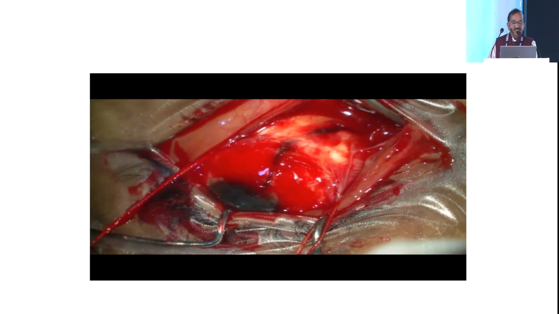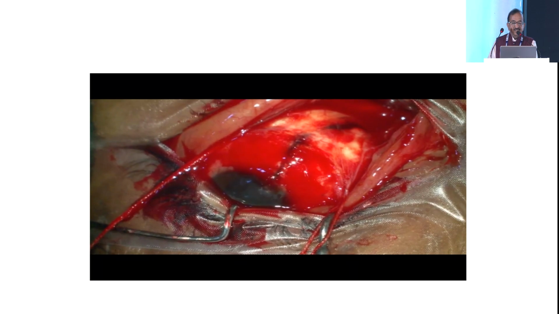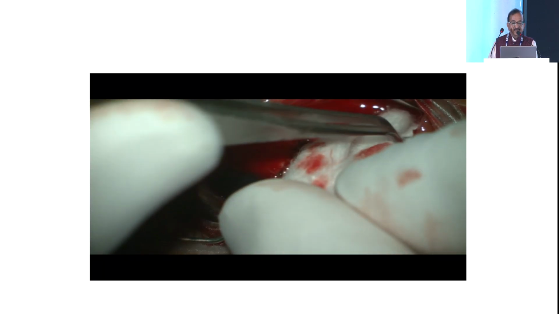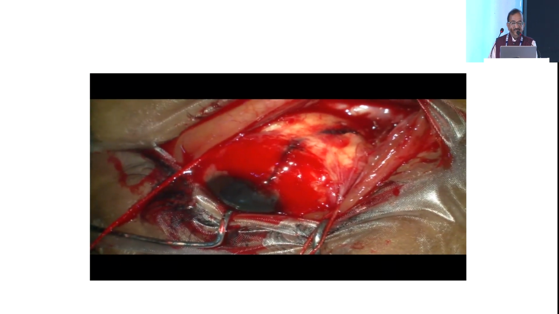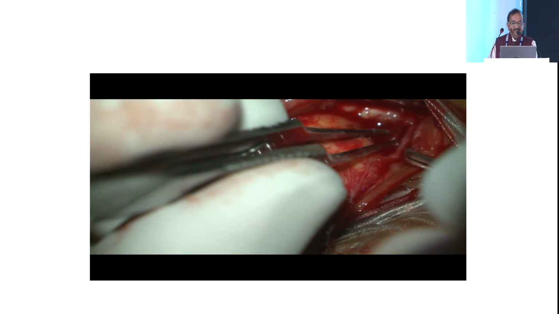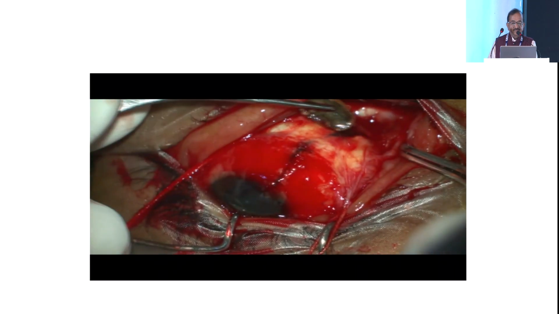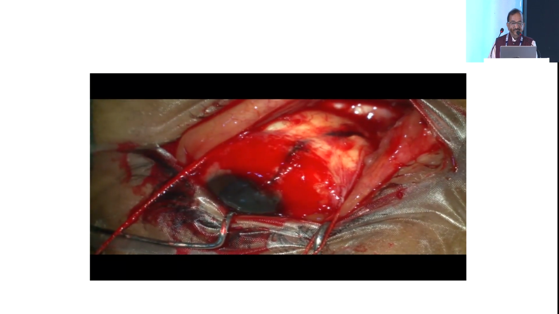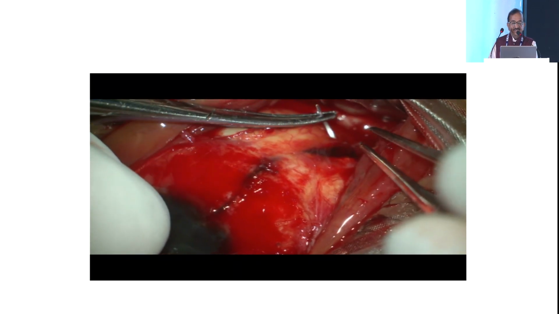This had gone in proximally and then again come out more posteriorly. And then the sclera was sutured.